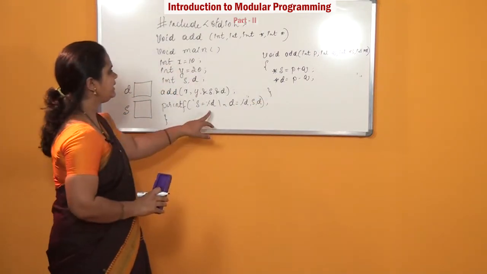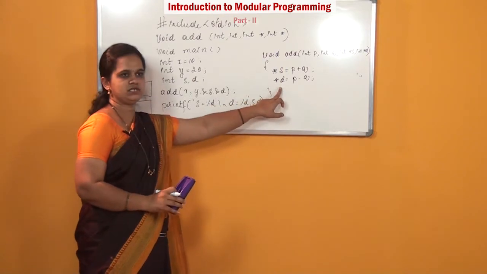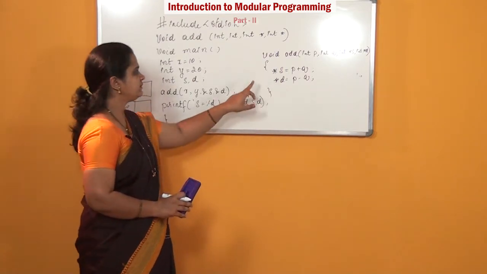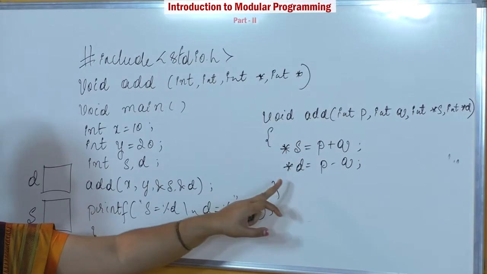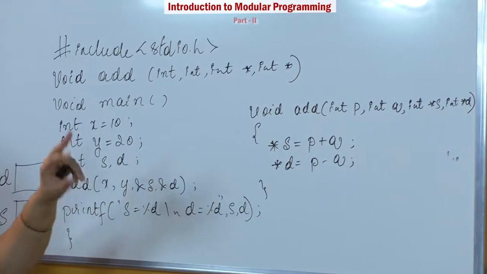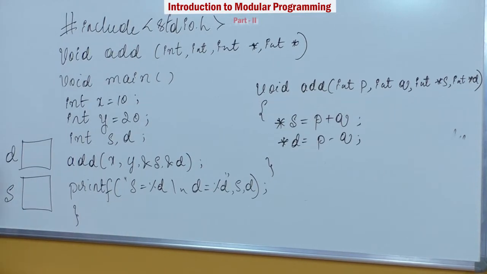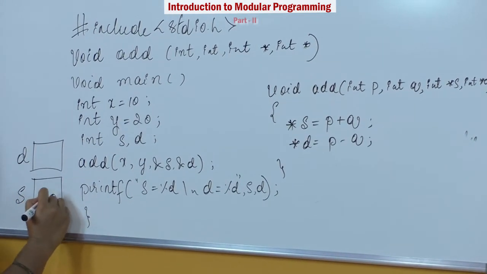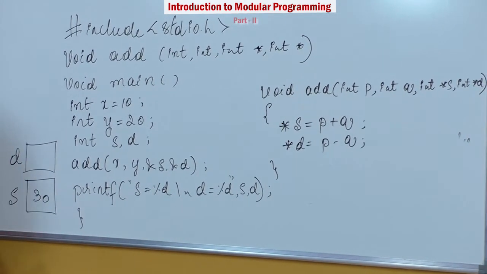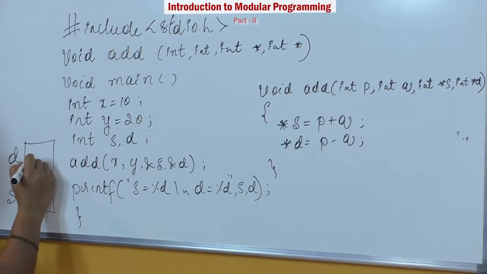Automatically I will get the values that I have changed in the function. That is, S will become 30 according to our example, and D will be 10 minus 20, it is minus 10.